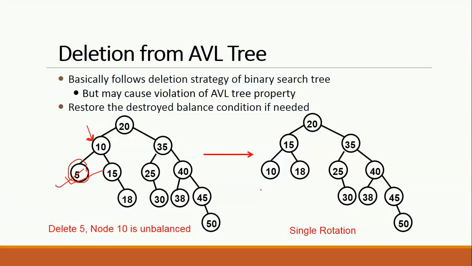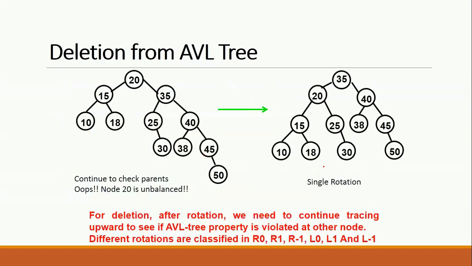Then we have to do a single rotation. Every time a single rotation is sufficient to restore whatever balance condition has been violated. So only a single rotation has to be done. We'll try to understand what different kinds of rotations we have to apply and what the possible cases are.